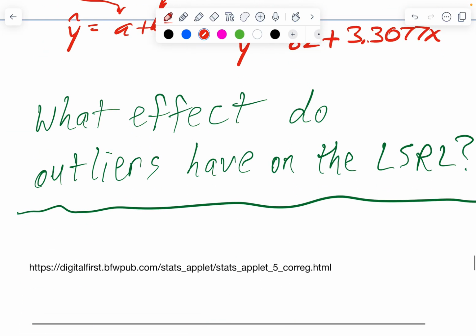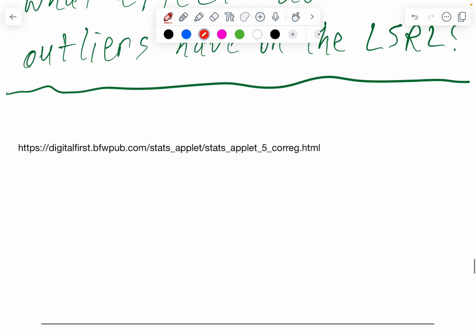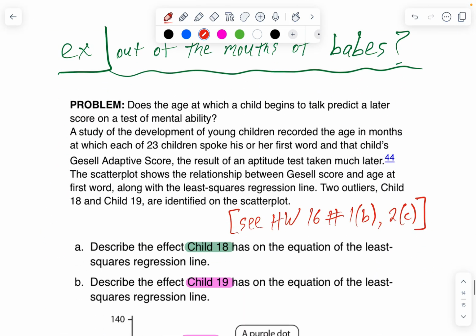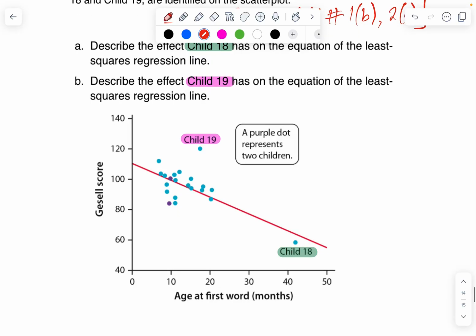Now, what effect do outliers have on least squares regression lines? Sometimes outliers can make relationships stronger. Other times they can make relationships weaker.